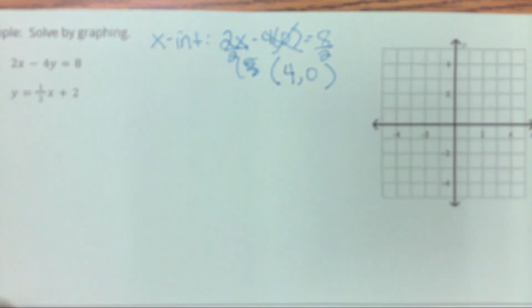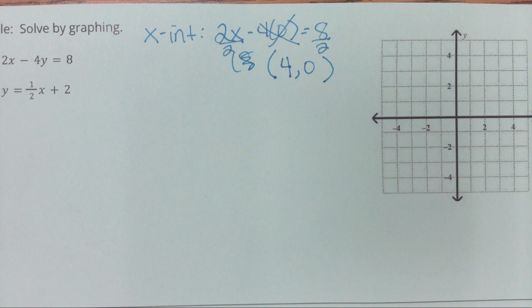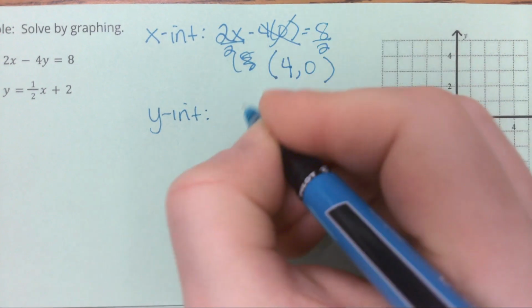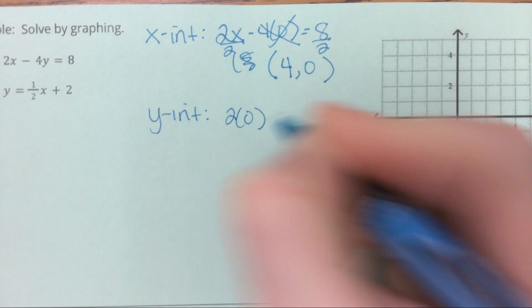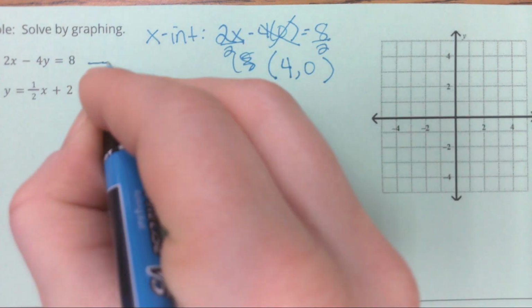That's what I got. Sorry, it's going to auto-correct in a second. I got 4, 0. Do I need to talk about that? All right, would you find the y-intercept? We're doing this line right here.